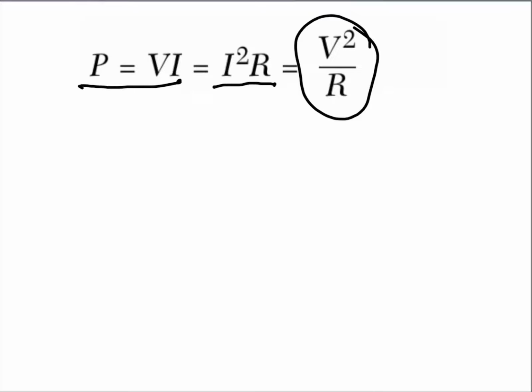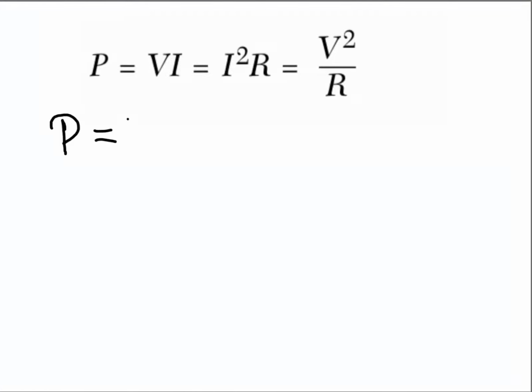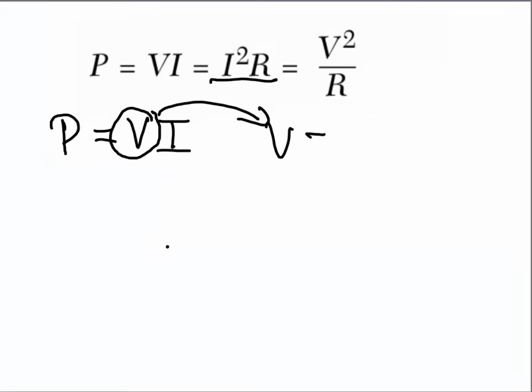Now, because you know how much I love giving you formulas and not explaining to you where they came from, I'm going to explain that real quick. So if we start with P equals VI, this one does not have V in it. So we're going to try to take V out. And how are we going to do that? Well, we're going to use our good old friend V equals IR.